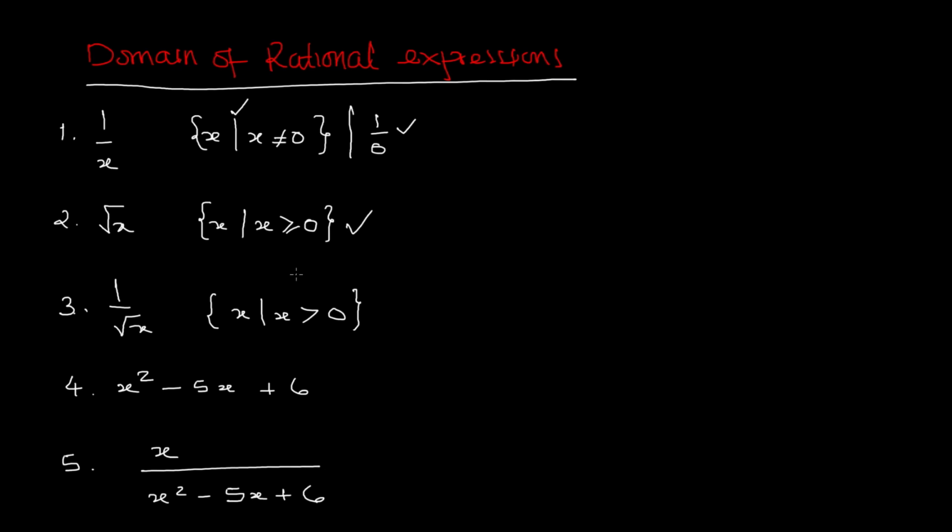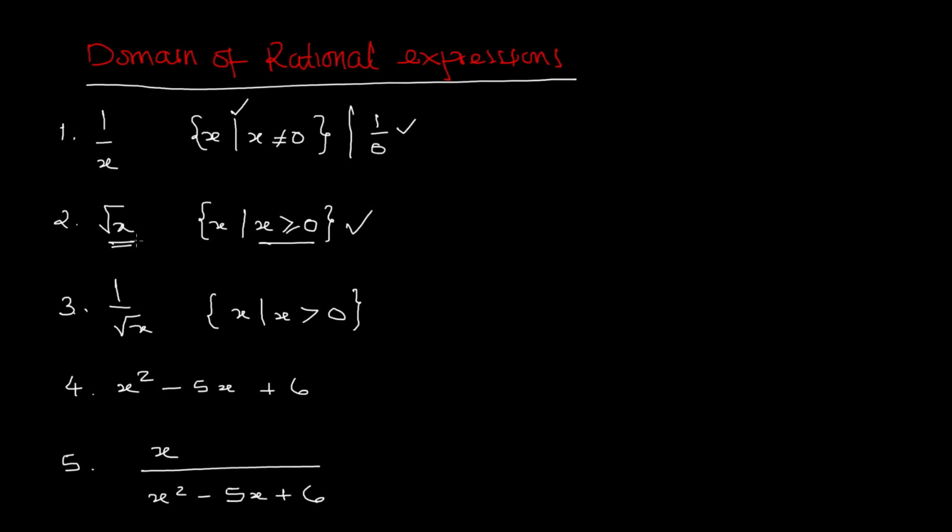Same here. We'll have to think of anything that can make this invalid. And we know that it's negative numbers. So I want to avoid negative numbers in my solution. So what do I say? I will say that x is such that x is greater than or equal to 0. So I can put a 0 here, I get 0. I can put a 1, I get a 1.